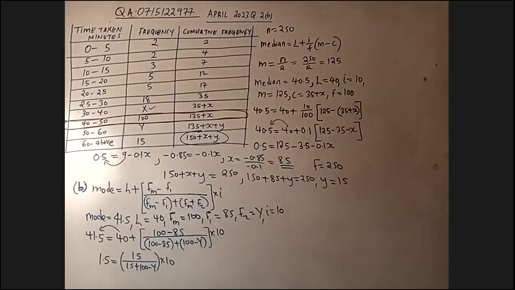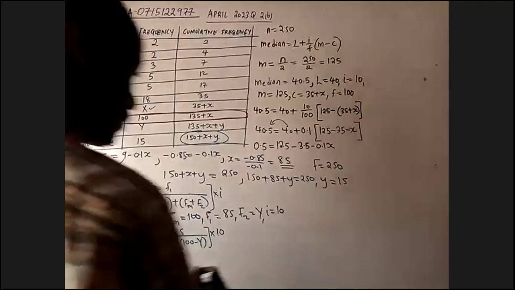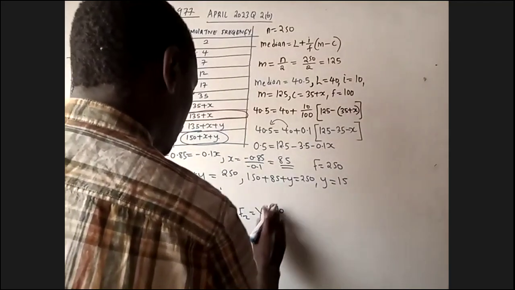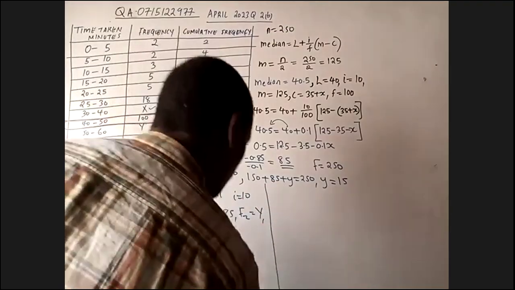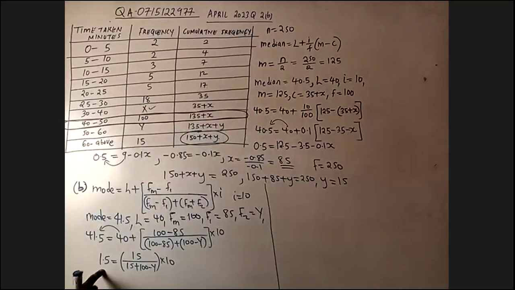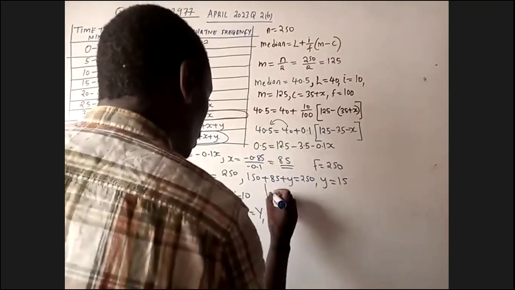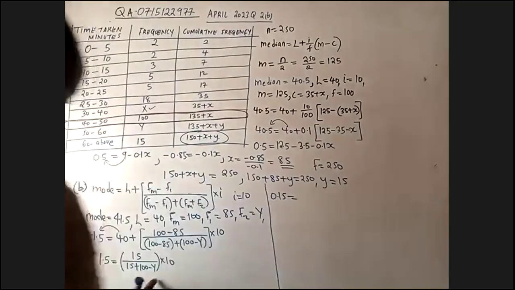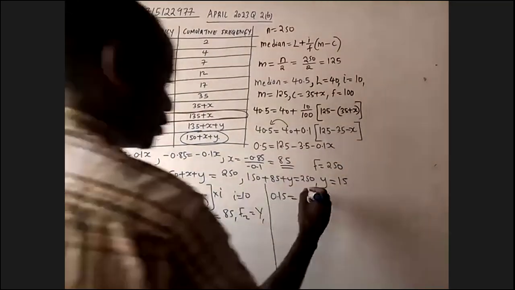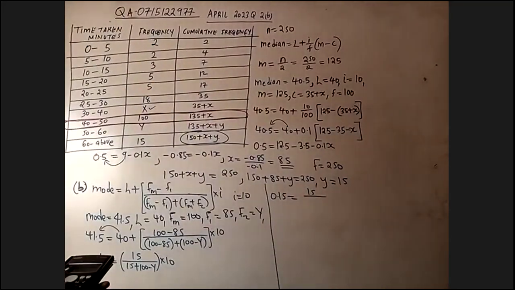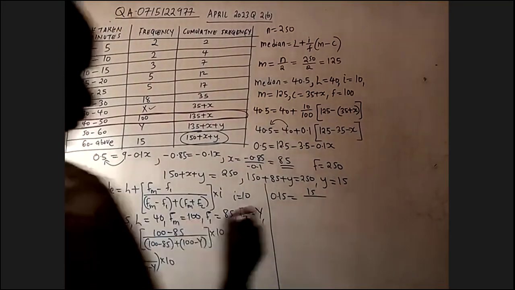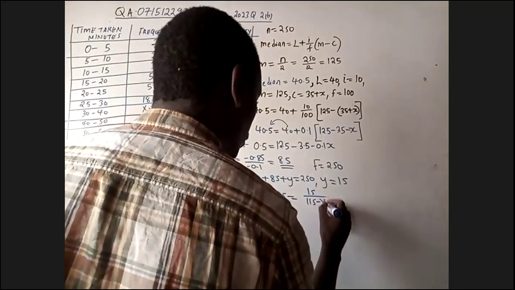Now divide each side by 10. We know the interval is 10. So 1.5 divided by 10 is 0.15, and on this side it is 15 over 15 plus 100, that is 115 minus y.